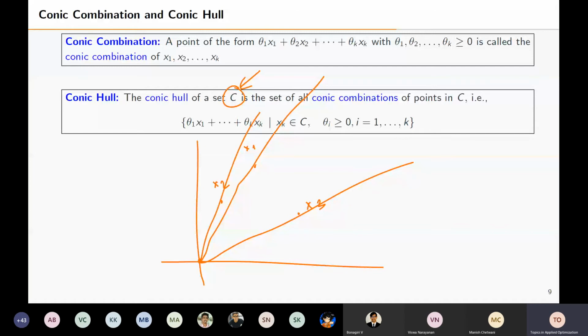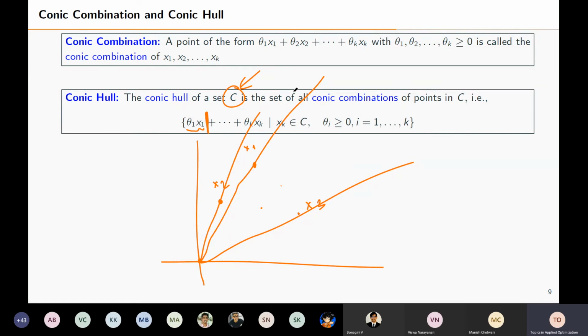Now the question is, what about these points? Are there any other points also generated in the conic hull? So what do you think? One thing is sure: if I take x1 and just consider this term, then theta 1 x1 must be there.